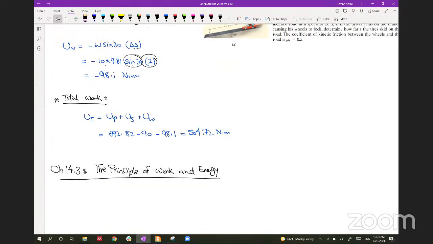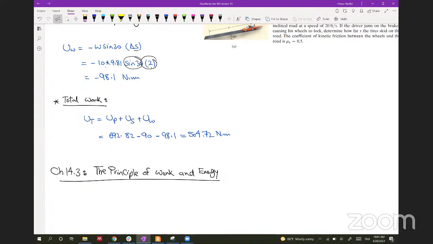So let's see what the principle of work and energy is, and I expect that you guys have some background about this. If we have a body moving on a curve like this, starting at point 1 and ending at point 2, at any random location on this path there is a resultant force Fr on this body.